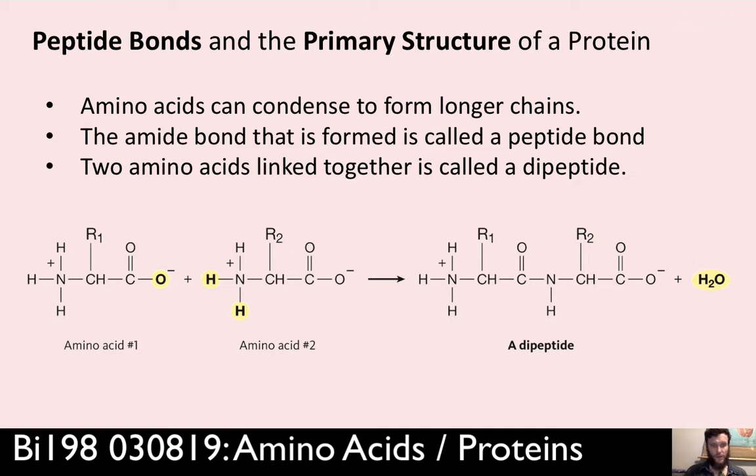Those two opposite charges on two adjacent amino acids are attracted to one another, and they go through what's called a dehydration reaction, where we essentially pull water out and form a bond between the two adjacent amino acids. That bond is called a peptide bond.